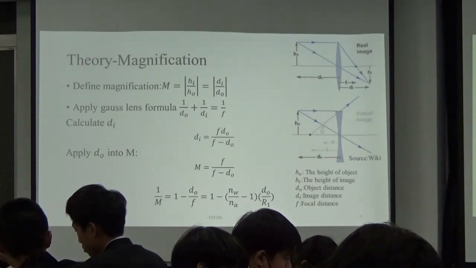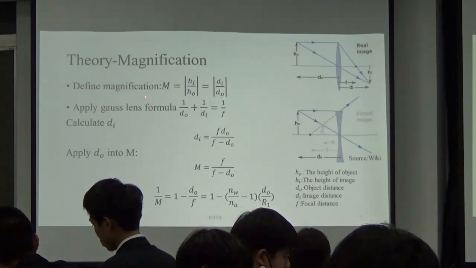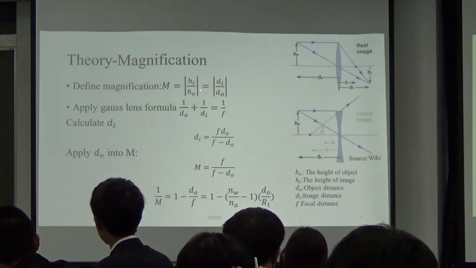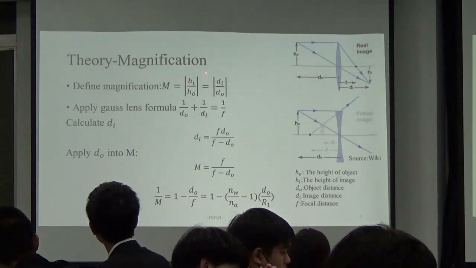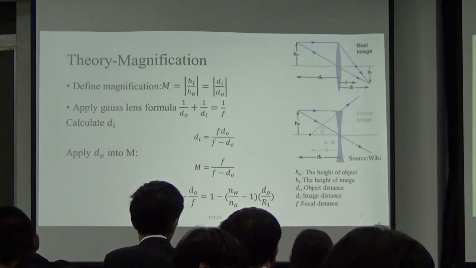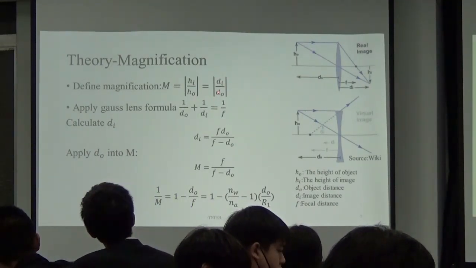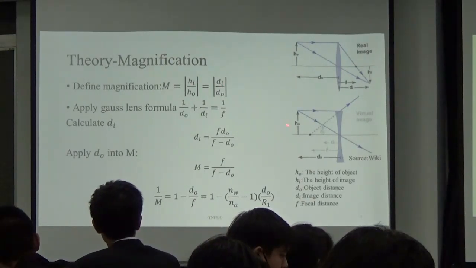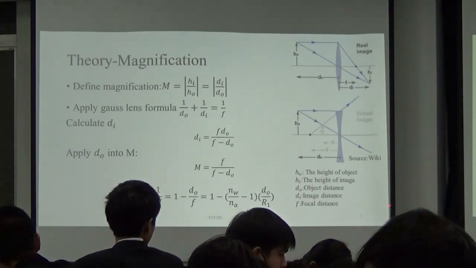Then the magnification. We define the magnification as H image over H object, which equals D image over D object. What H object, D object, H image, and D image are is shown here.